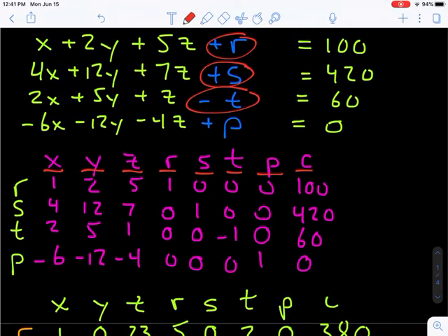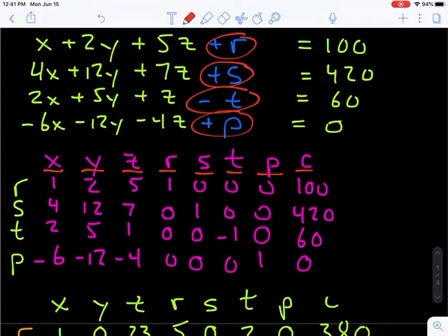And then finally, P, we only have a P in the last row, so we have 0, 0, 0, 1 in the P column. And then our constant column, 1, 4, 26, and 0. So we've set up the initial tableau, or I just like to call it a table.